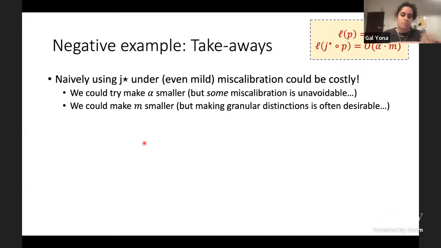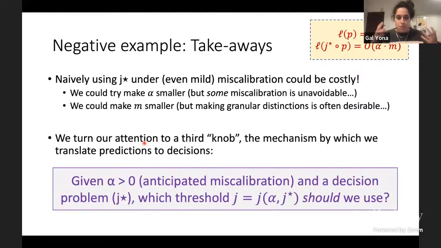And you could make m smaller, but the ability to make granular distinctions is usually something that you want to maintain. So this motivates a shift in attention to a third knob, which is the mechanism by which we translate predictions to decisions. Specifically, given some value of alpha, the anticipated miscalibration, and given a particular decision problem J star, which other threshold should we be using?